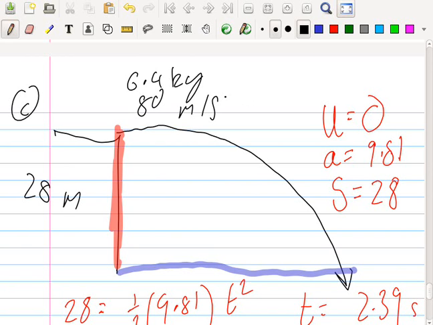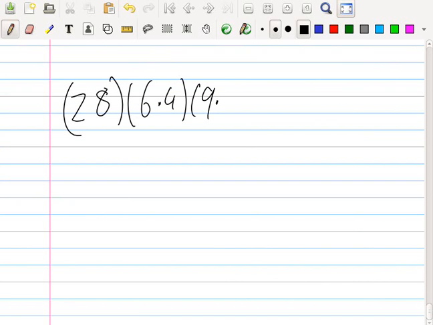Energy. The energy here must equal the energy here. What is the energy here? It's the potential. So let's write it down. 28 times 6.4 times 9.81 plus the kinetic. And what's the kinetic?